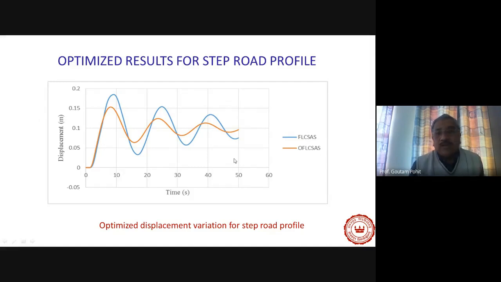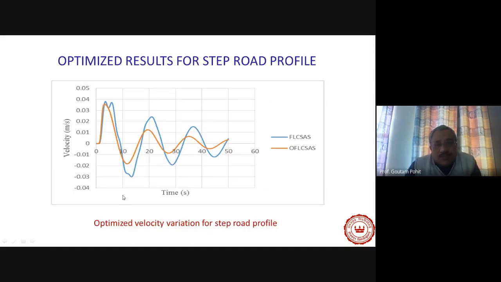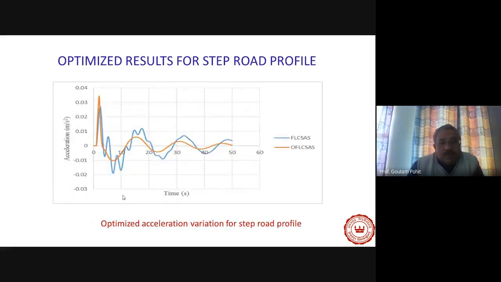Now we find that if I use a fuzzy logic control optimized result, it's even better than this one. So, optimized displacement variation for step road profile, optimized velocity variation for step road profile, and lastly the optimized acceleration variation for step road profile.